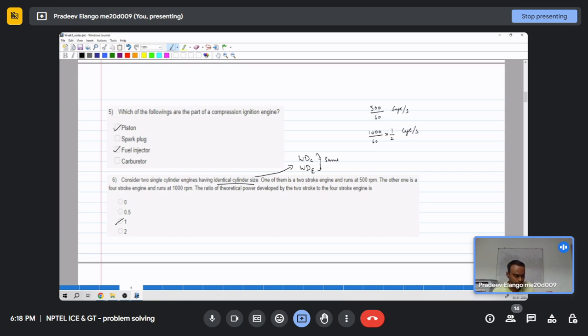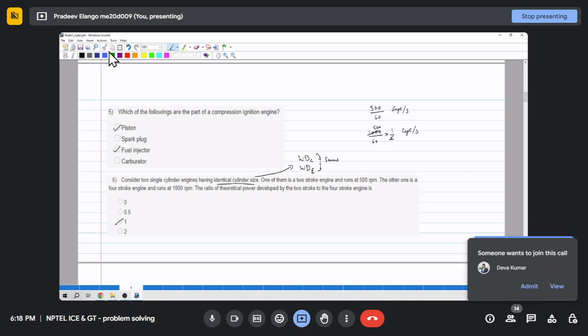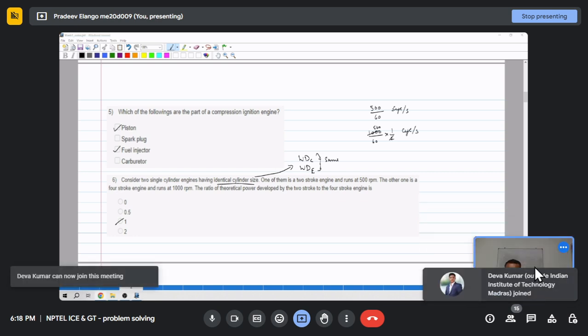Both are the same. Both have 500 by 60 cycles per second, and the work done per cycle is also the same, and the number of cycles per second is also the same. So the power output will be the same. That is how we got one.